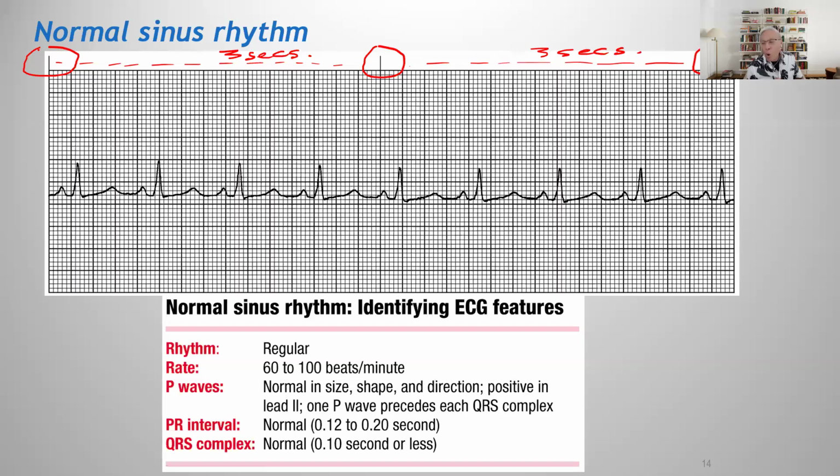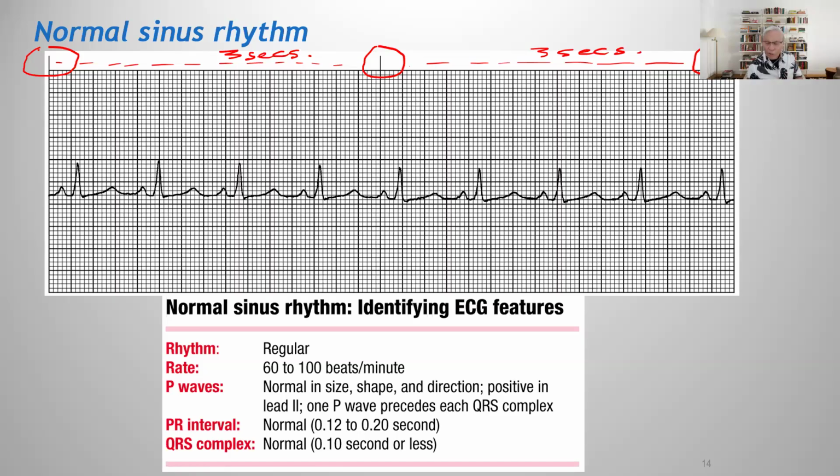How about if you only counted the pulse for 6 seconds? What must you do in order to record the minute heart rate? You only counted for 6 seconds. Multiply by 10. Okay, very good.